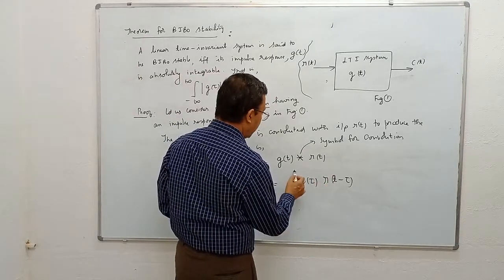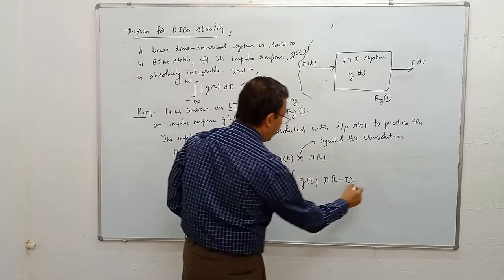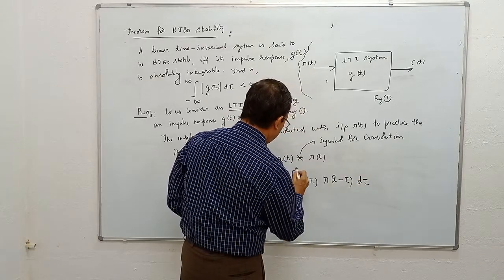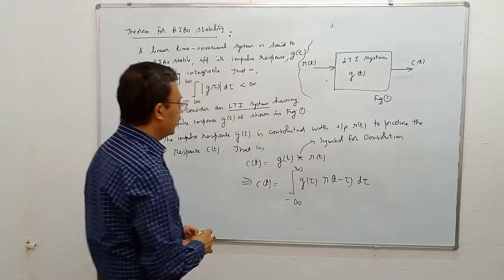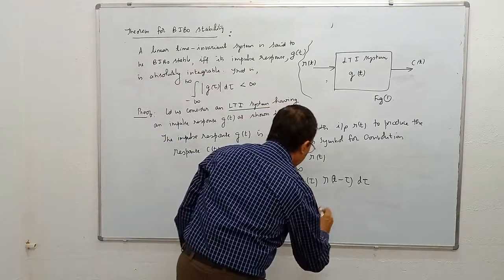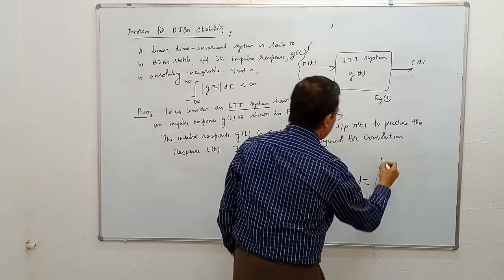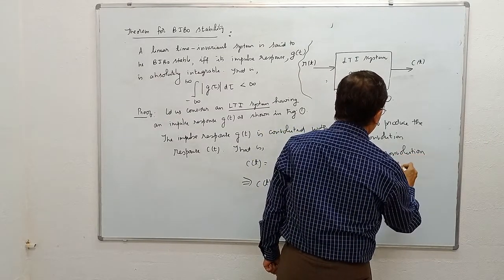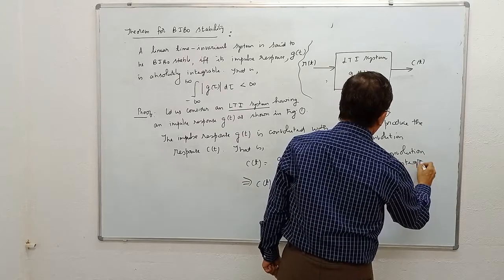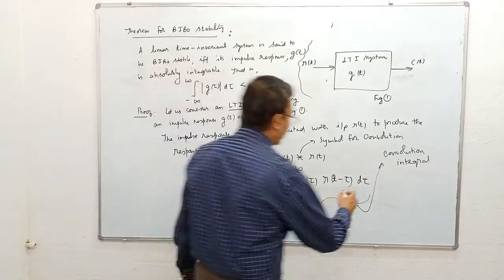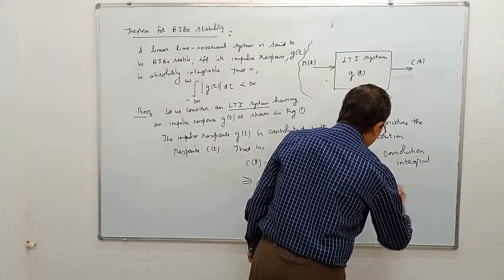Multiply the two functions, then integrate the product with respect to tau from minus infinity to plus infinity. This is called the convolution integral. This equation I will call equation 1.